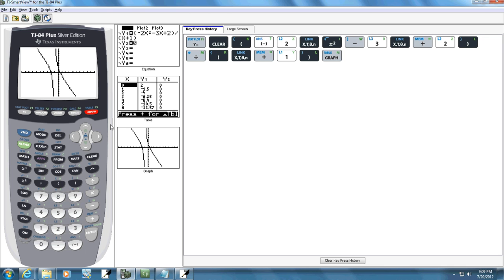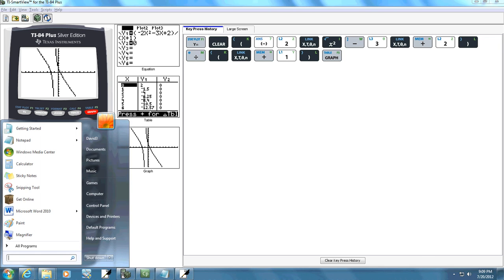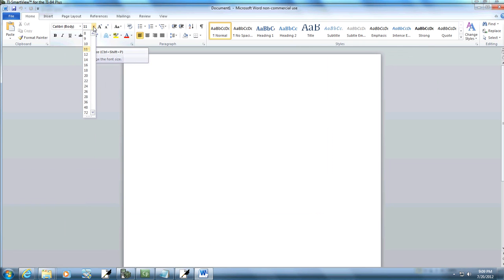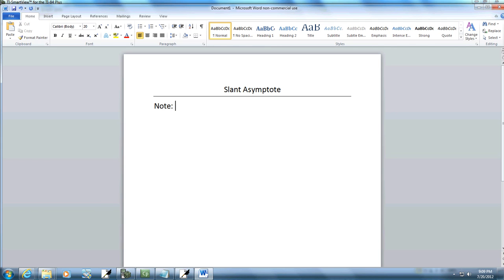Let's find a slant asymptote. And let's refresh our memory a little bit on the slant asymptote. Note, to have a slant asymptote, the degree of the top must be exactly one larger than the bottom.